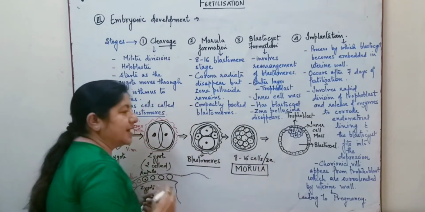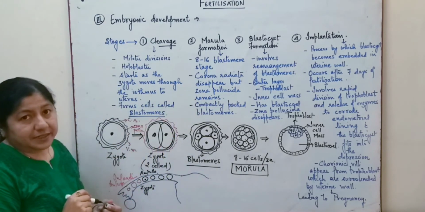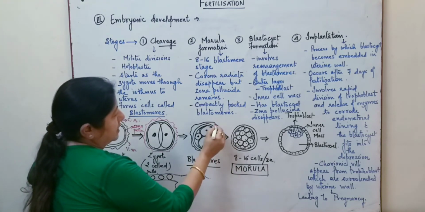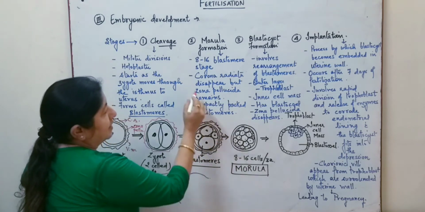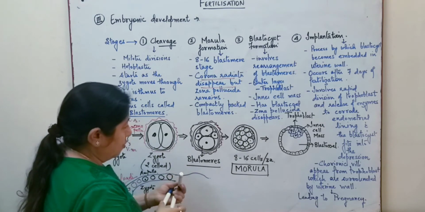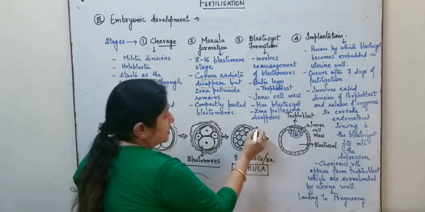It is a highly compact structure where the corona radiata disappears. This red one, the corona radiata, disappears. But you can see in the morula that the zona pellucida still persists.